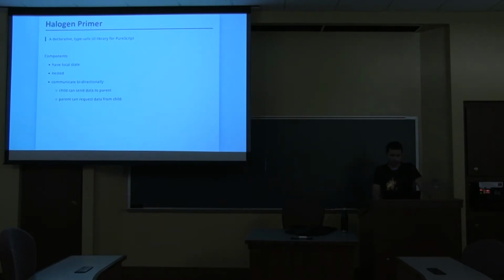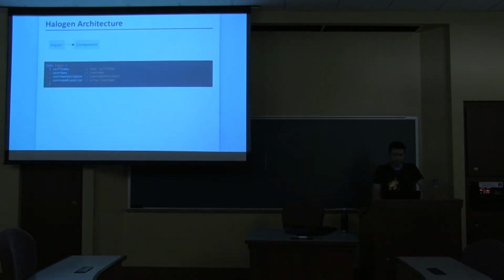Halogen's interesting in the sense that, well, let's just go through it. In Halogen, each component can have an input data type that kicks it off, that says, here's some input, initialize yourself. In this case, it's the XSRF token and a couple other things.